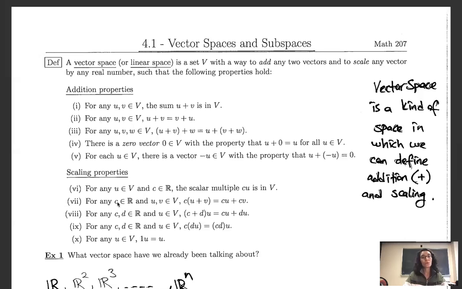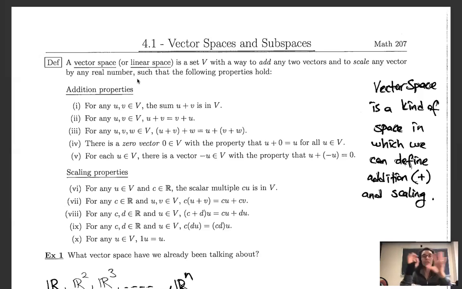And what are these properties? First of all, a vector space can also be defined over the complex numbers, but in this class, we will work with real numbers, so we will always say a real vector space. So we said in order to define a vector space, you have to give an addition and a scalar multiplication operation.